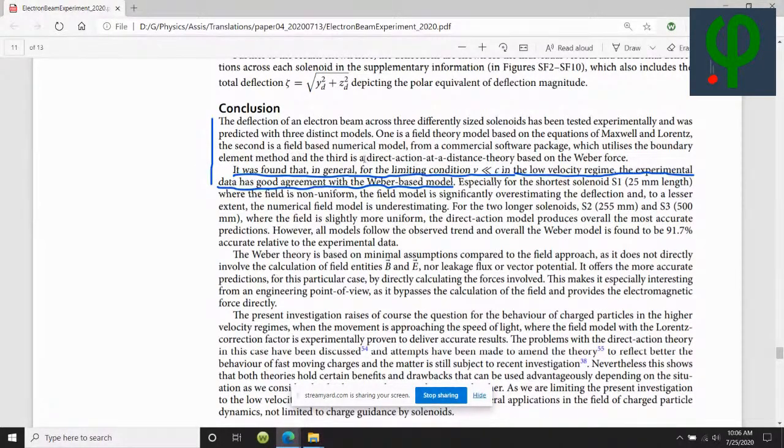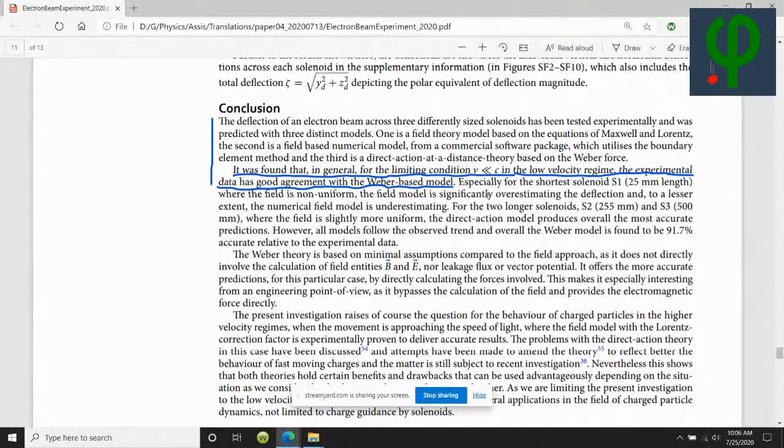And the third is a direct action at a distance theory based on Weber force. It was found that in general, for the limiting condition that the velocity of the electron beam is much less than that of the speed of light, that is in the low velocity regime, the experimental data has good agreement with the Weber based model.